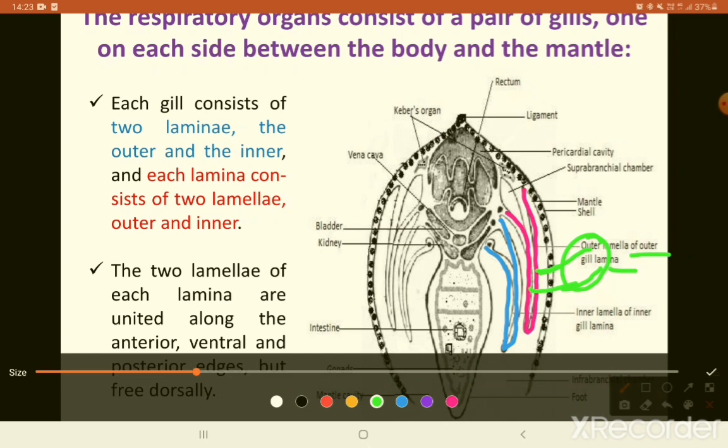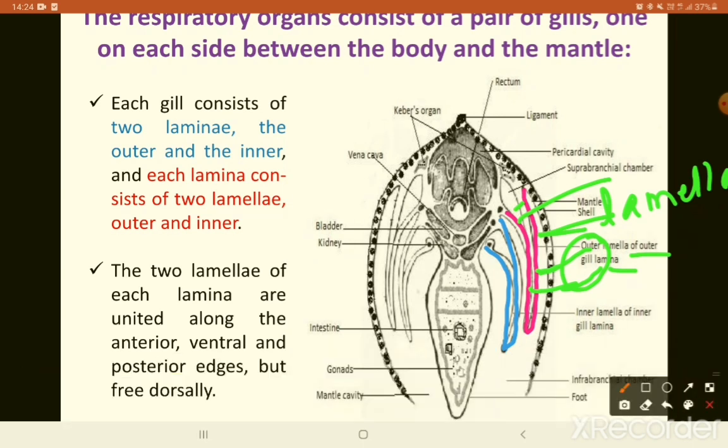So it is very simple. The gill plates show two folds. Each fold we call a lamina, and each fold will show an outer and an inner layer. So these folds are called lamellae, L-A-M-E-L-L-A. So this is the outer lamella, and this is the inner lamella of this outer gill lamina.